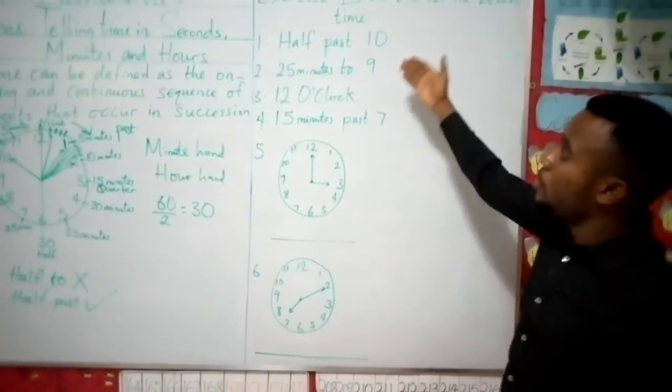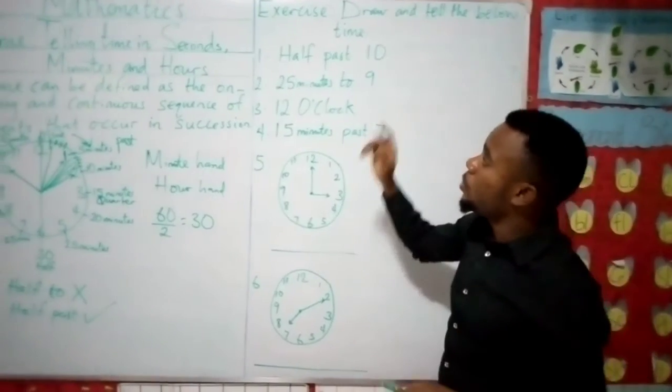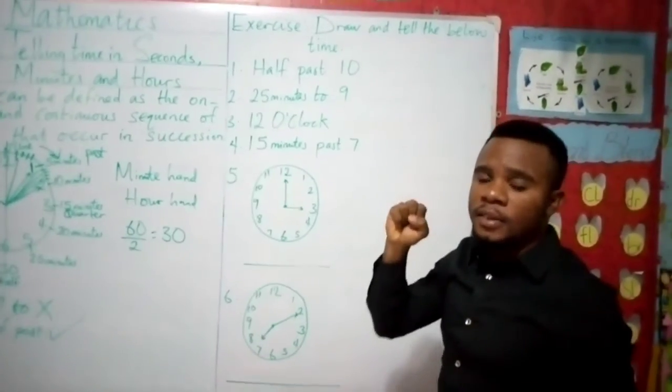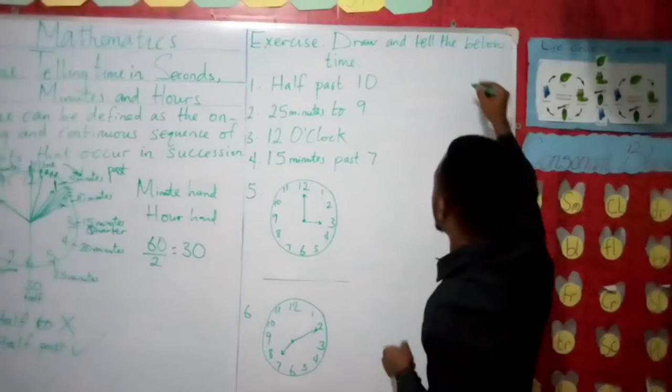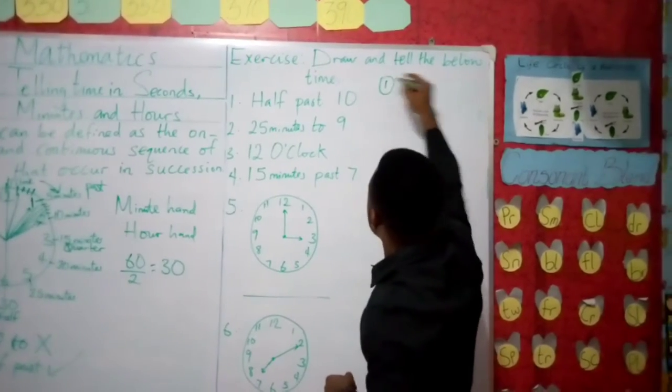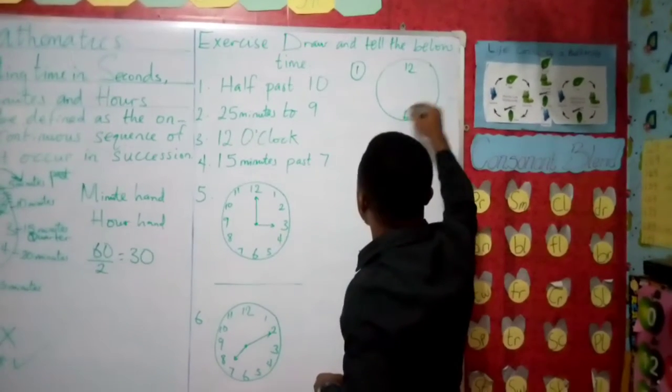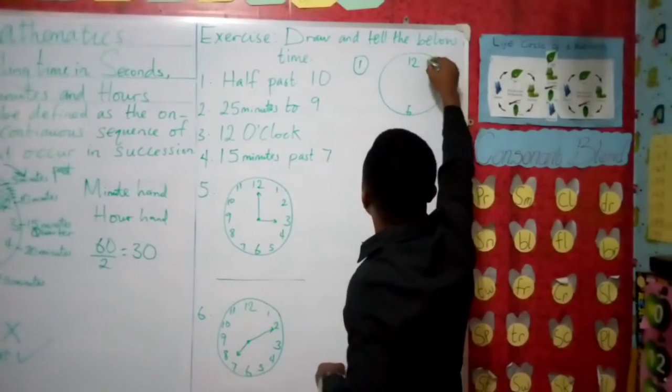Okay, let's go back to number 1. Now we said half past 10. Remember, your minute hand comes first. You draw your clock, and you number it from 1 to 12.